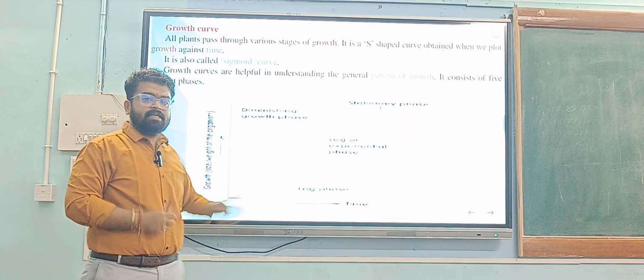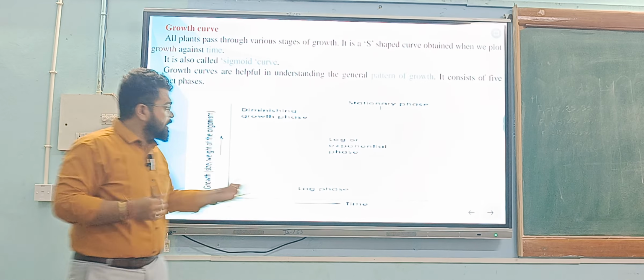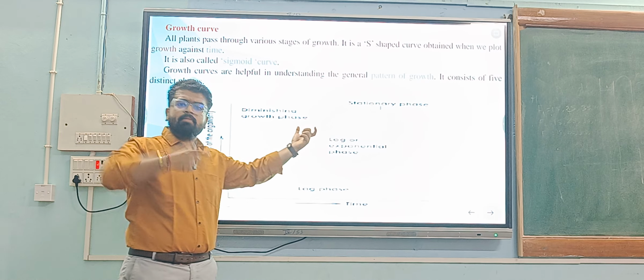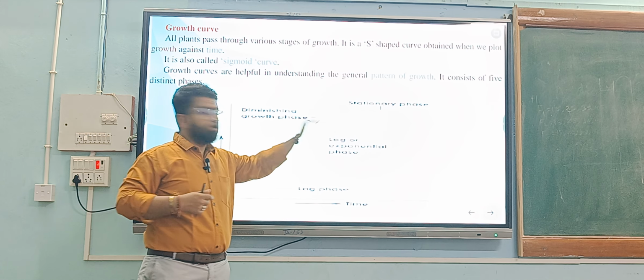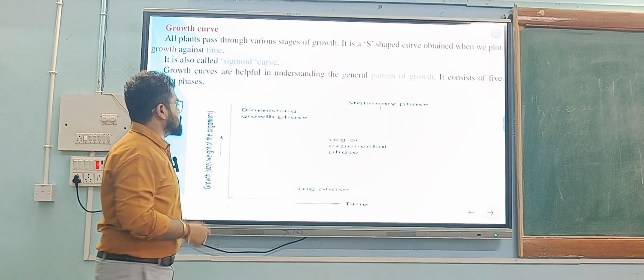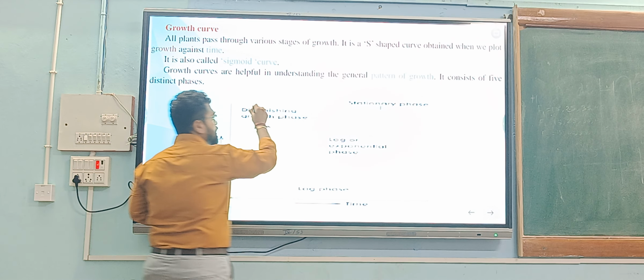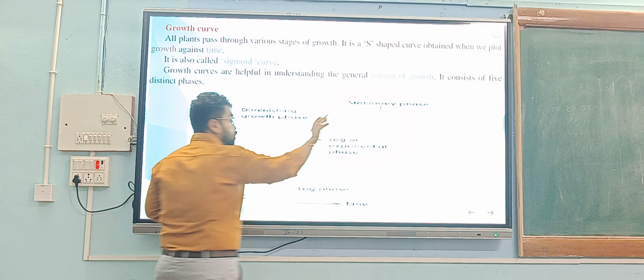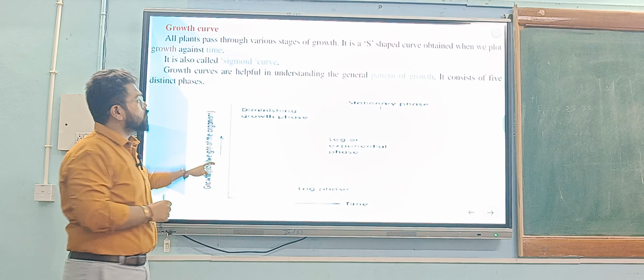The lag phase is the start phase when the growth rate is very slow. Then it attains the log phase when maximum growth of the plant takes place. After a particular period of time, the growth rate stops and it is the stationary growth phase. There is also a term called the diminishing growth phase, where the growth of the plant decreases from this particular stage.